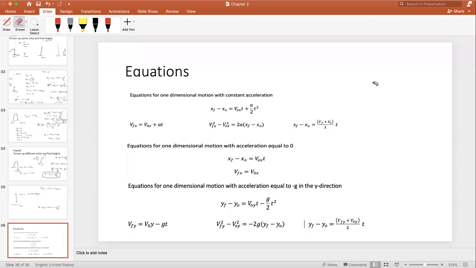We're neglecting air resistance. We're neglecting some other things that would normally be going on that we'll talk about way later. But essentially, these equations will tell you how fast something will hit the ground if you drop it. And they'll tell you how high up something will go if you launch it with a certain initial velocity.